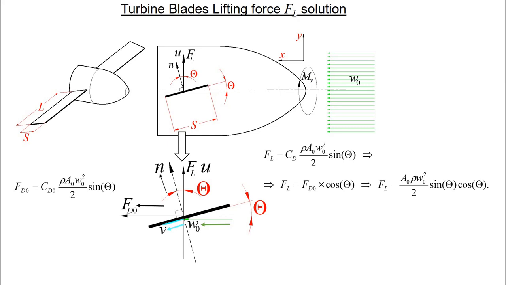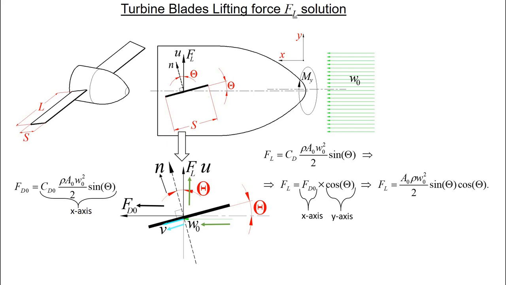At the same time we have drag force in the x-axis direction shown here, and the lifting term in the y-axis direction here. The product of both the drag force in the x-axis direction and the y-axis direction at angle theta produces lift in the y-axis direction, Fl.